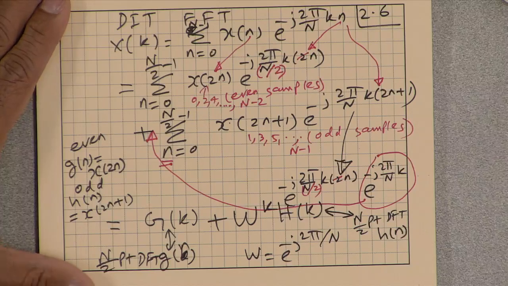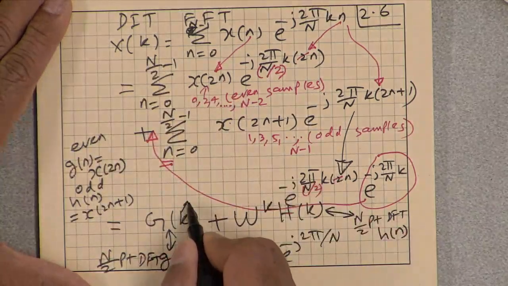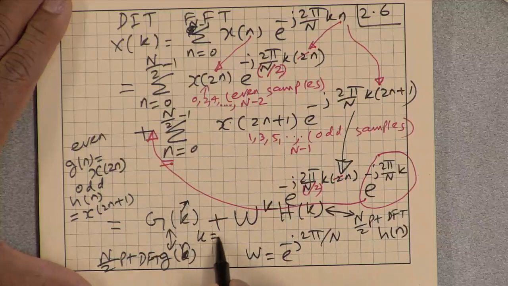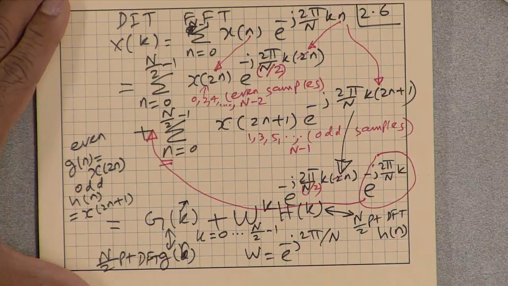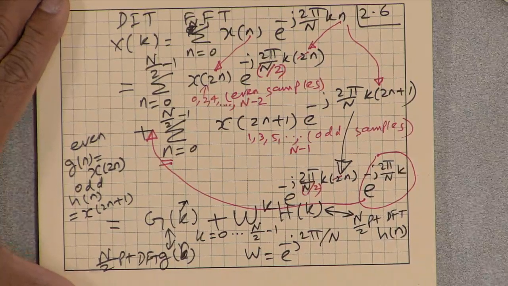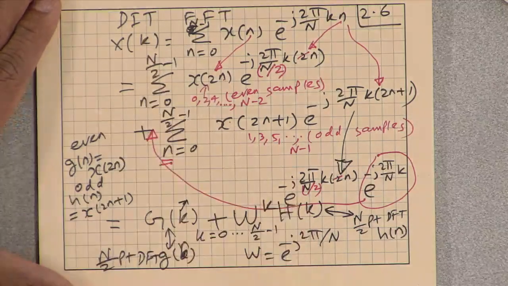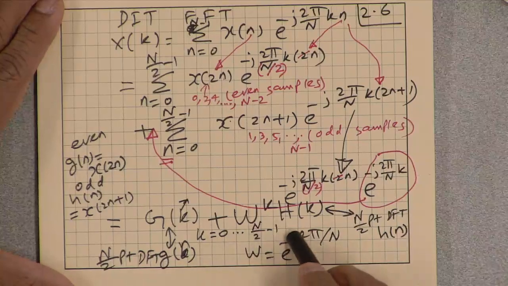Why is it that we aren't done? Because in this whole equation, gk, the index k is from 0 to n by 2 minus 1. So we have exactly described the first n by 2 points of the DFT xk, for k equal to 0 to n by 2 minus 1.